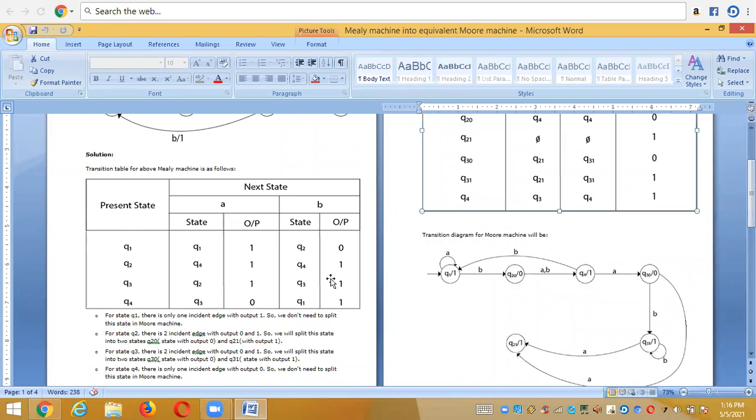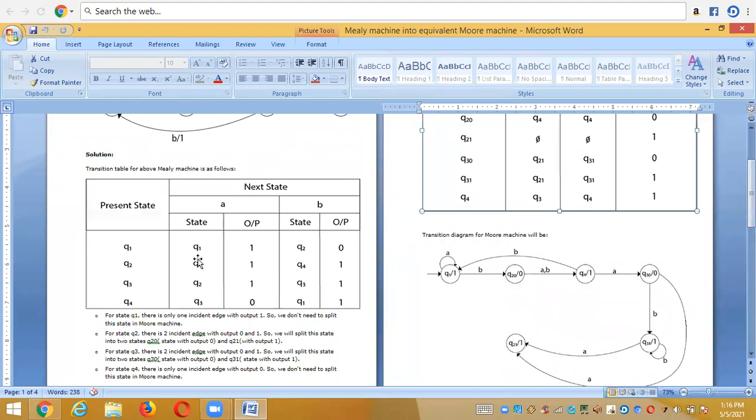See, from this table, after checking each and every state along with its output alphabet, we described here, right? From these, Q1 has the same output, Q2 has different outputs, Q3 has different outputs, Q4 has the same output.